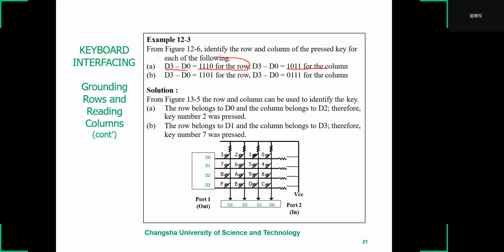The row belonging to D0 and the column belonging to D2 are 0. So key number 2 is pressed.